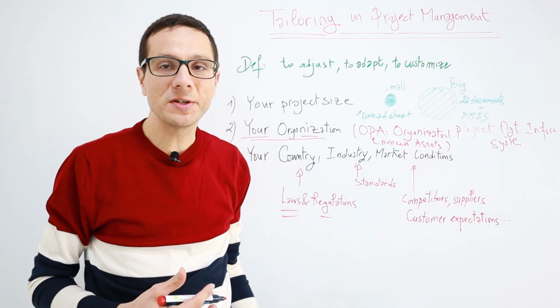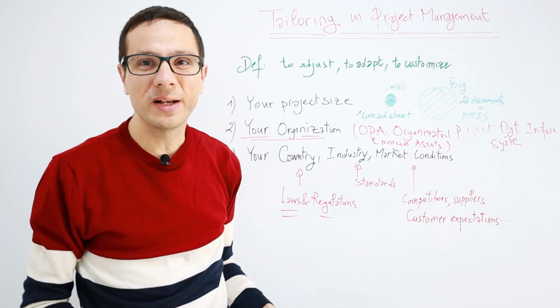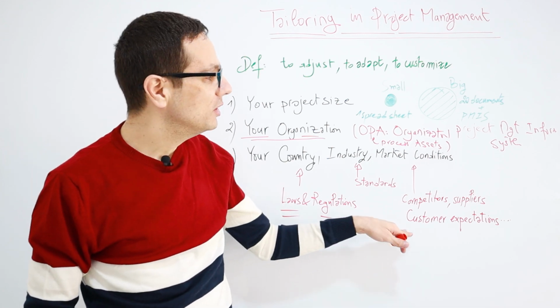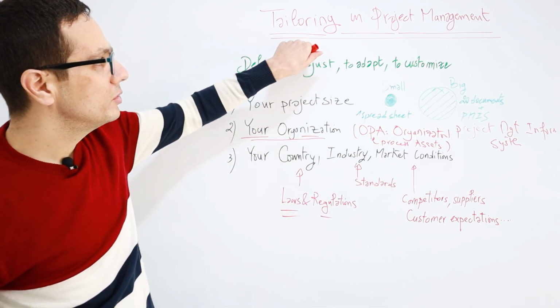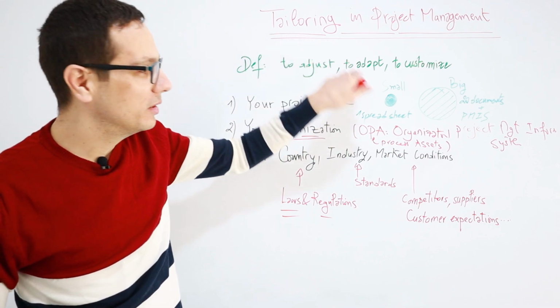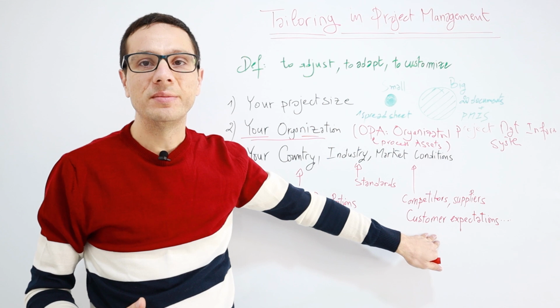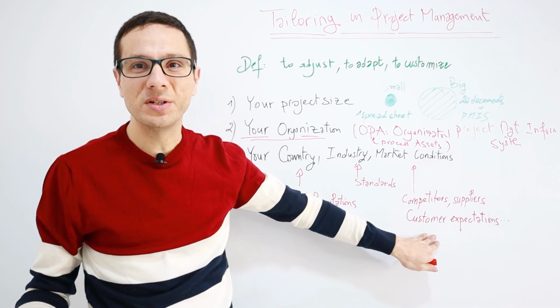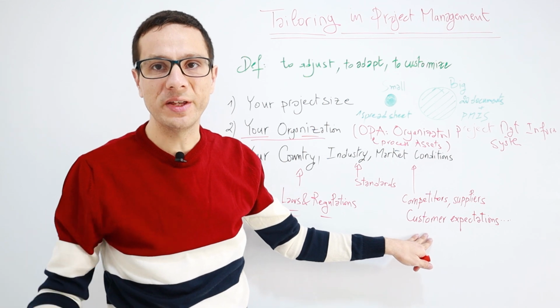Customer expectations as well. In some contexts, you work with very difficult customers and you need to deal with these conditions as well. So you need to tailor your project management based on the customer expectations. Sometimes I deal with easy customers. They don't care. They don't like to be sent emails or frequent updates.